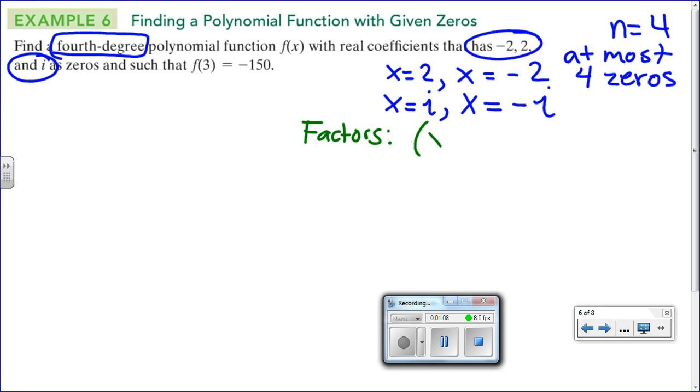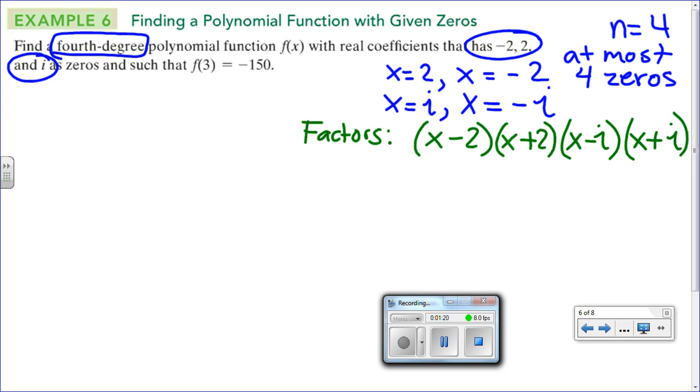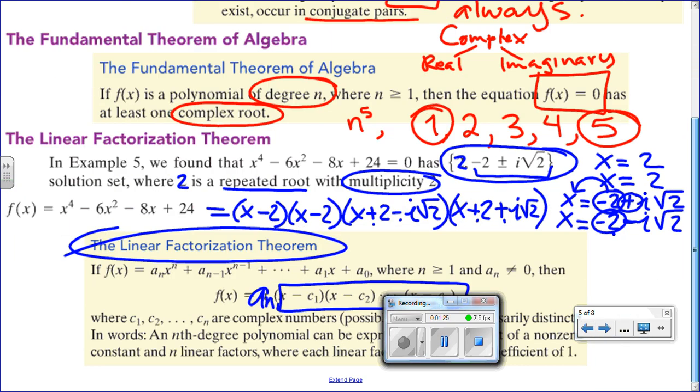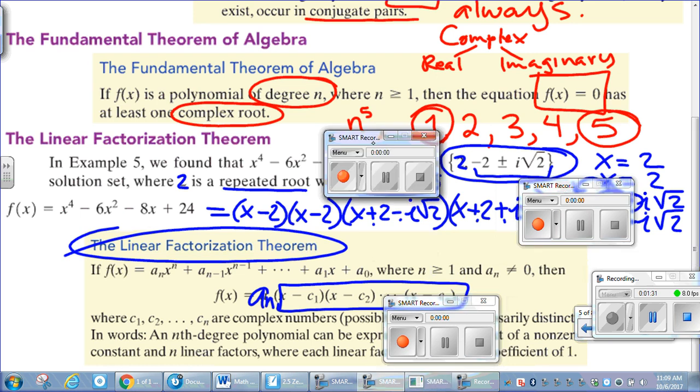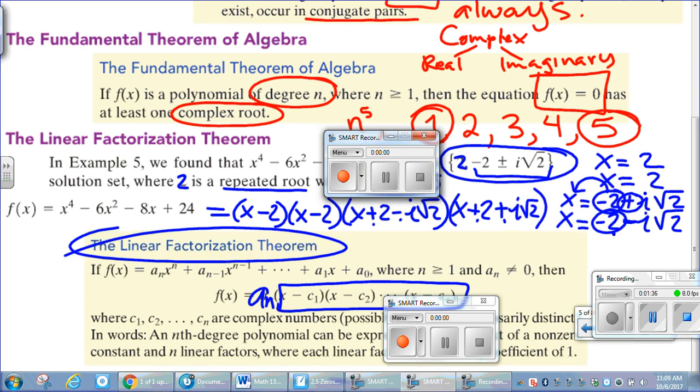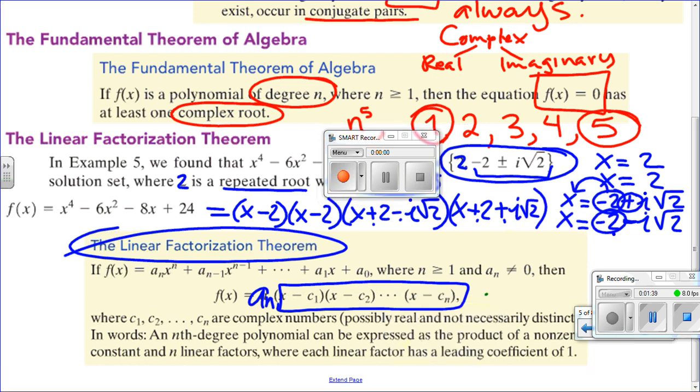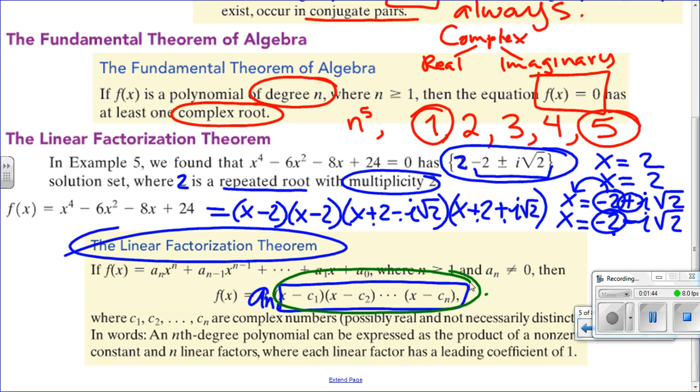So from here, if we know all of the zeros, it is very easy for us to find the factors. And those will be x minus 2 times x plus 2 times x minus i times x plus i. So if we go back to the linear factorization theorem, we can list all the factors coming from the zeros. You can see them listed here, but we still need to find a sub n, which is the leading coefficient.